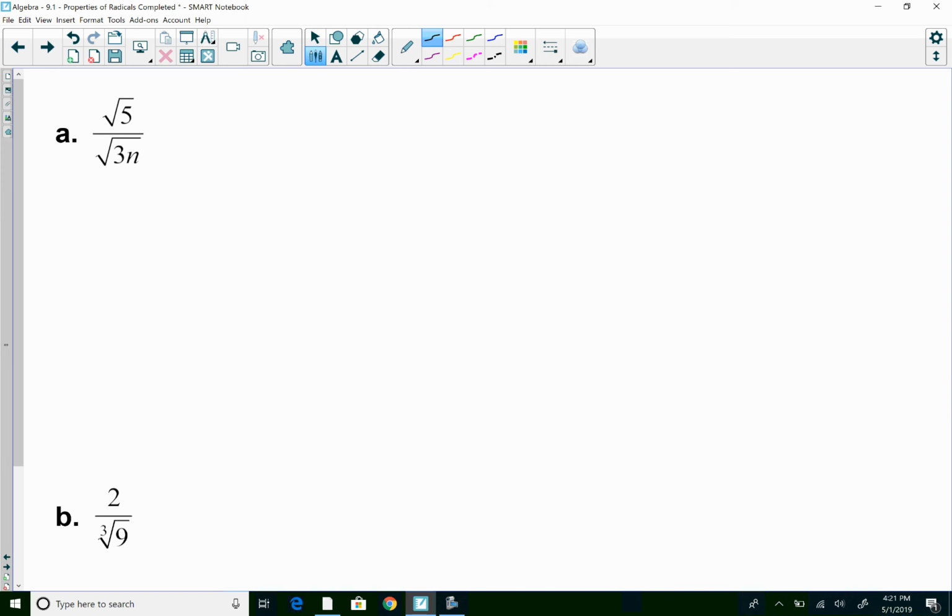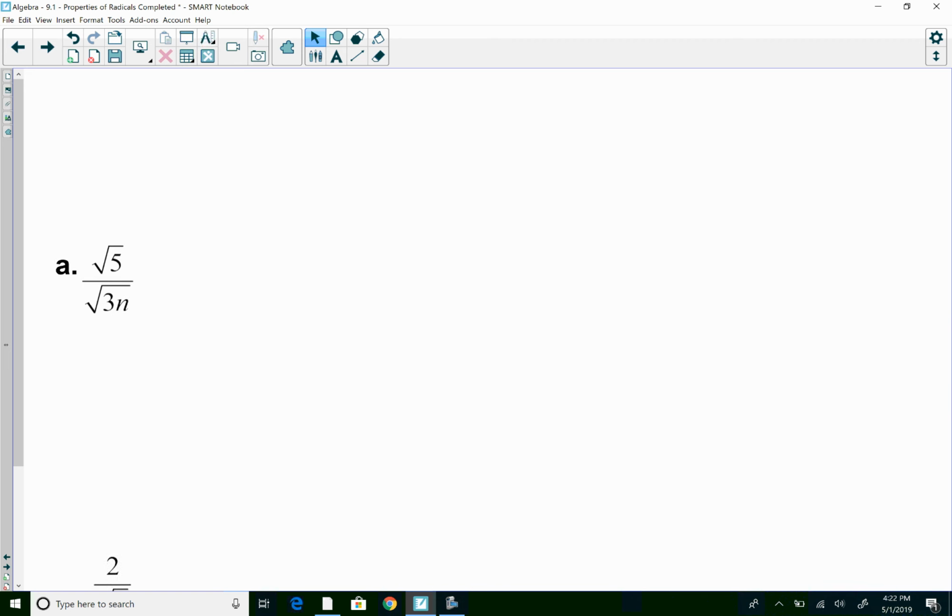That's not the case anymore. You are going to have to learn the process of rationalizing the denominator. That's exactly the process that we're looking at with these couple of problems here.